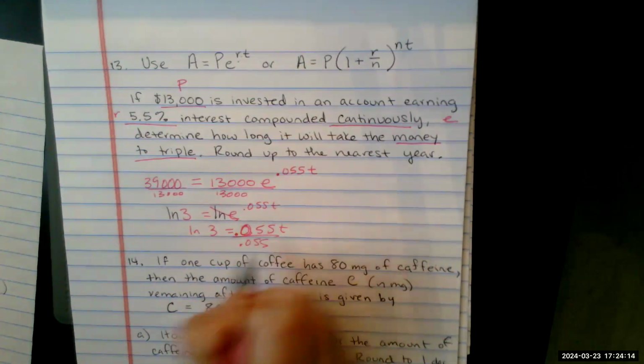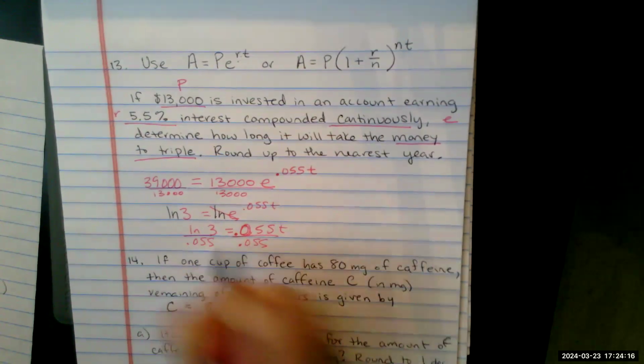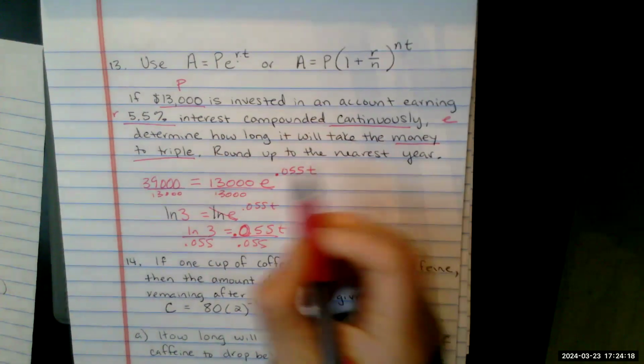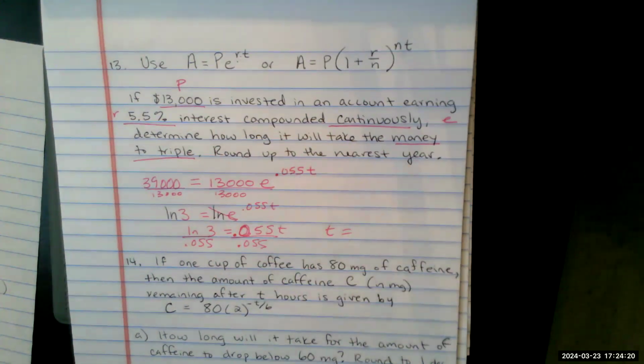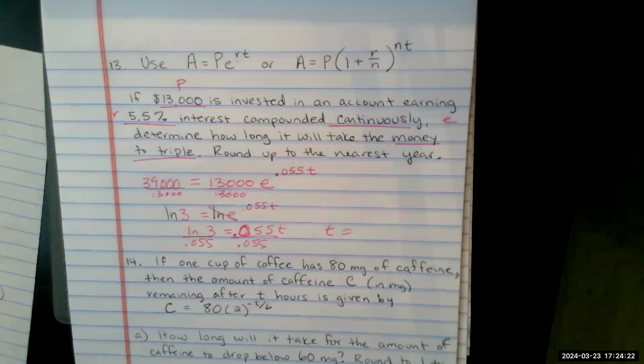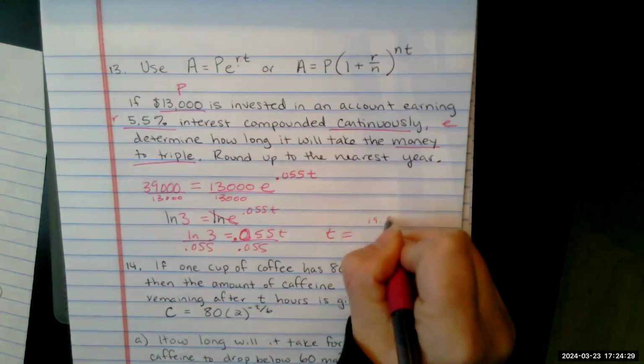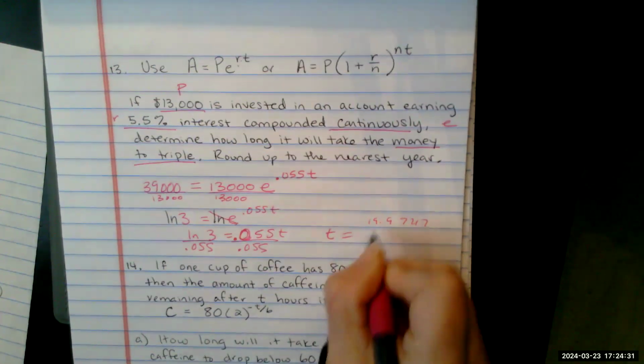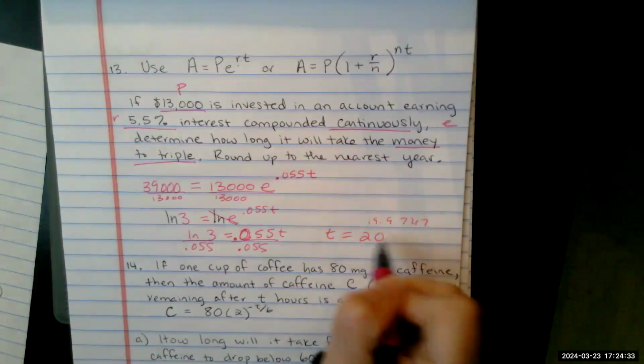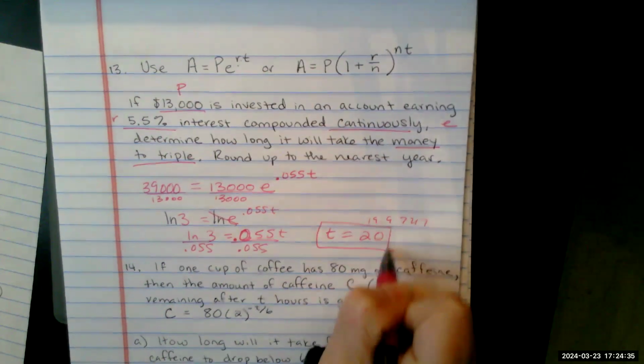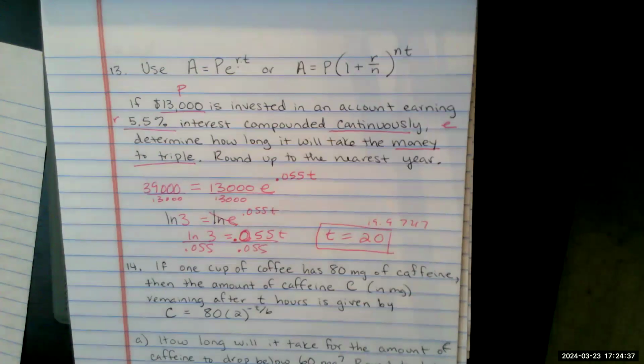And so we divide to find t. And it says round to the nearest year. So ln 3 divided by 0.055 is 19.9747. So rounding to the nearest year would mean 20. So it takes about 20 years for our money to triple.